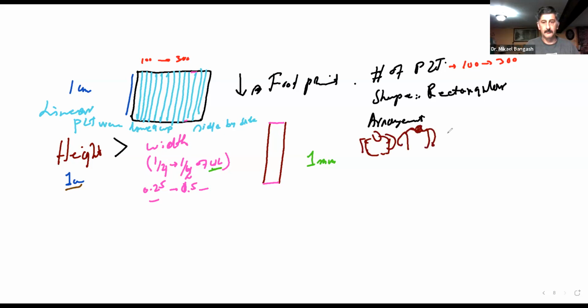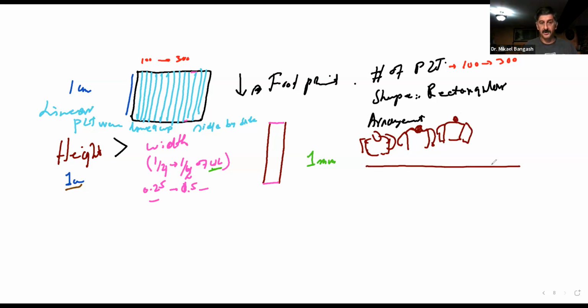Clear? And mainly along a straight line that represents the footprint.